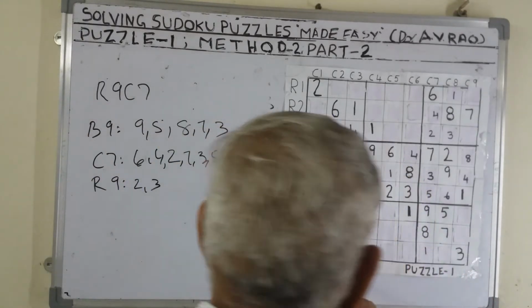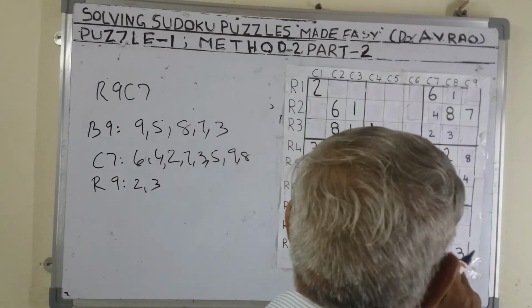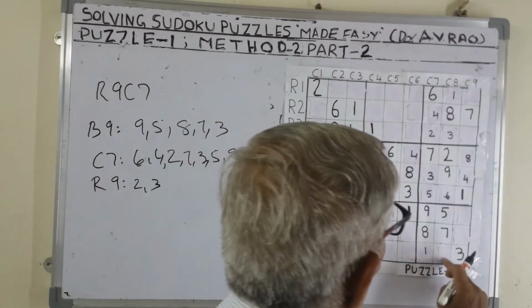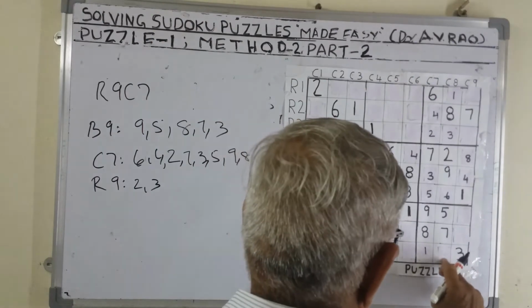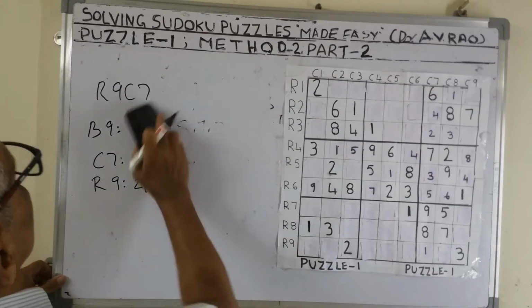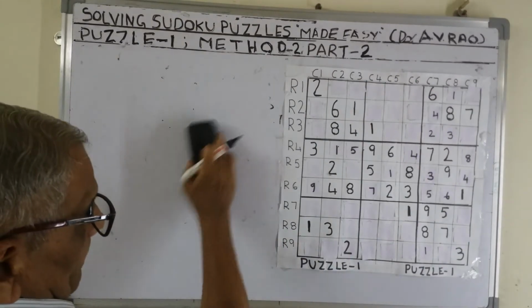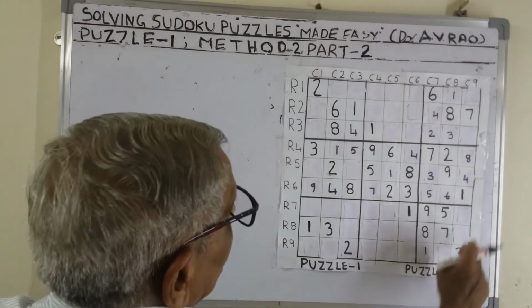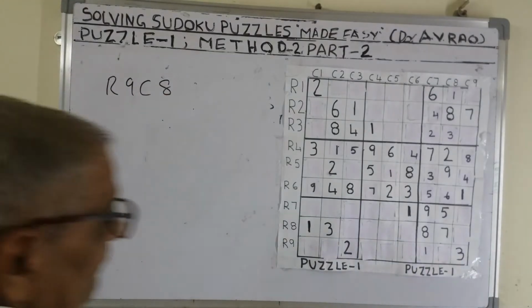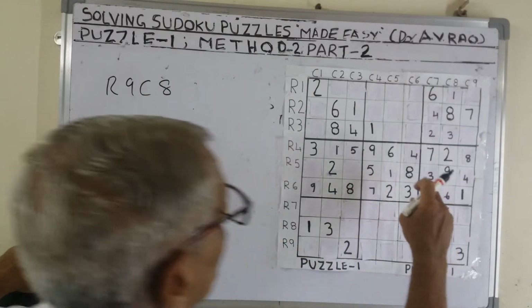Now let us take up this cell in the row R9, because in C8 only one cell is left over. Let us fill that also. So now, C8. This cell is R9C8. We have to fill it up. So this is related to C8.